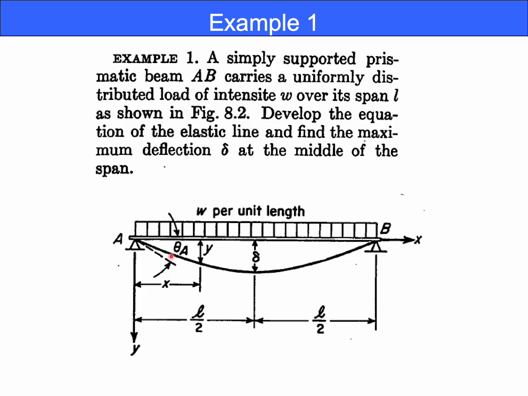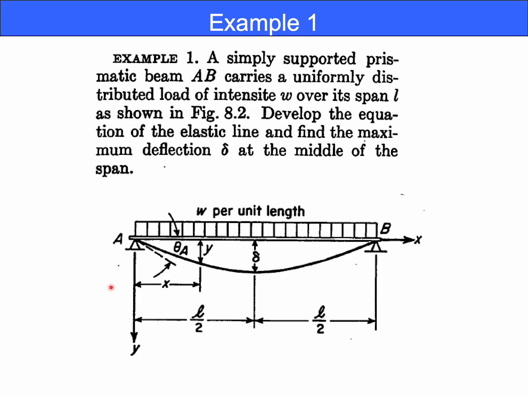Span length is L. Distributed load intensity W per unit length. Coordinate x is measured from A. Deflection y of x is downward.